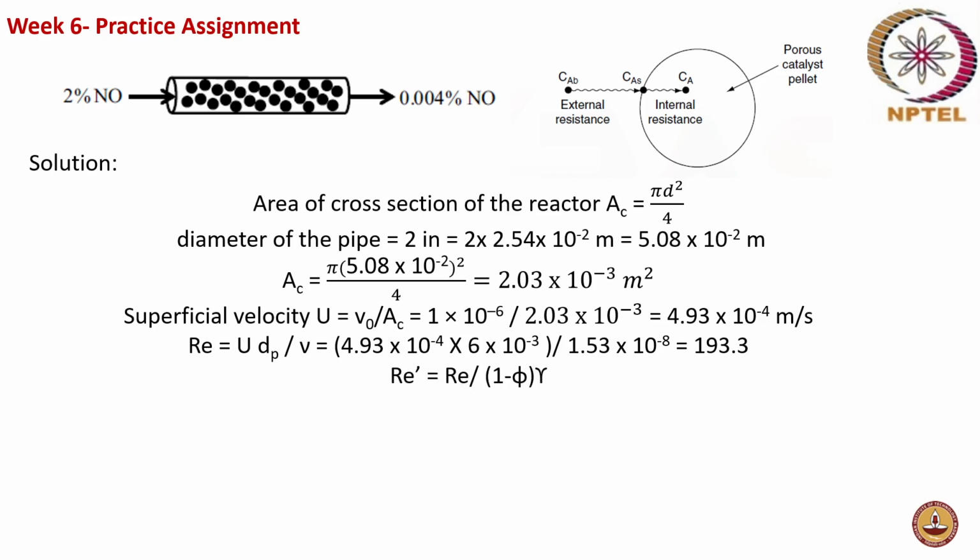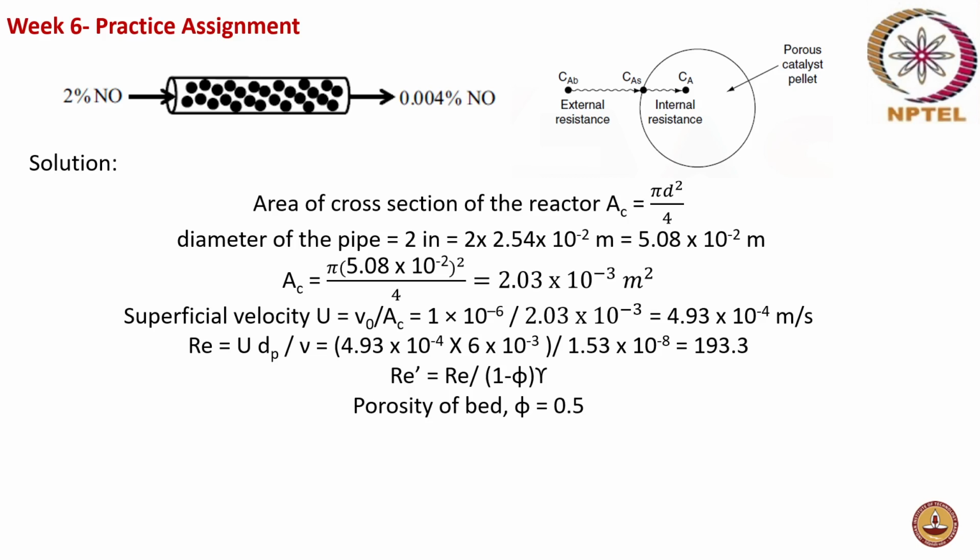Now the modified Reynolds number is given by Re prime is equal to Re by 1 minus phi into gamma. So the porosity of the bed phi is equal to 0.5. One more thing is that here phi denotes your porosity of the bed, whereas phi 1 denotes your Thiele modulus.